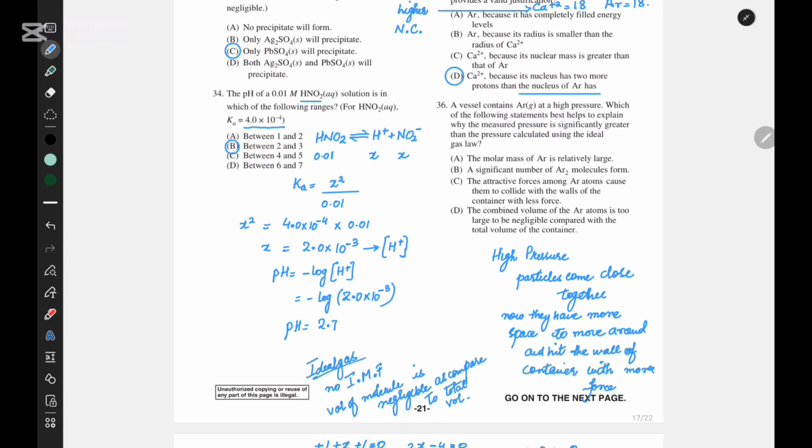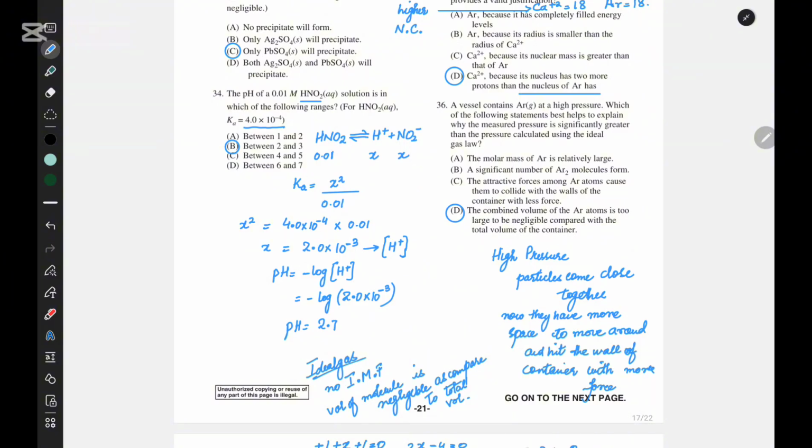So then if you see option D, that the combined volume of argon atoms is too large to be negligible compared with the total volume of the container, this is going to be the right answer, because at higher pressure particles have come closer together.